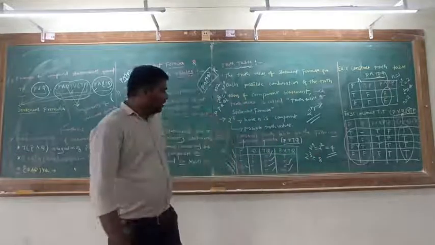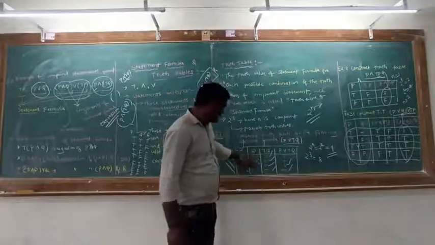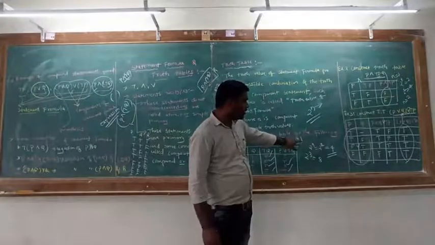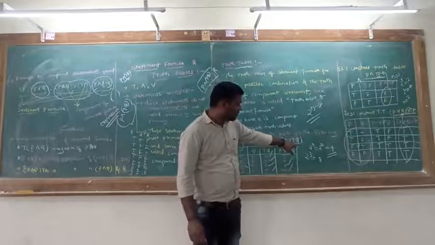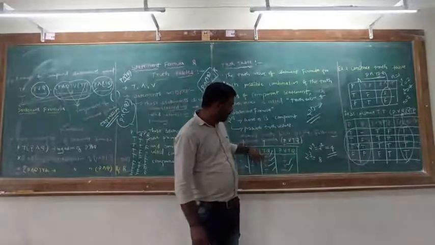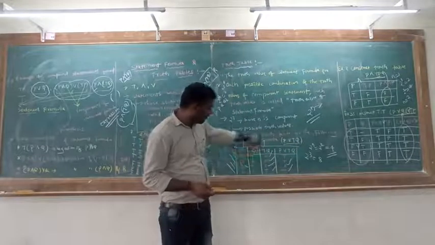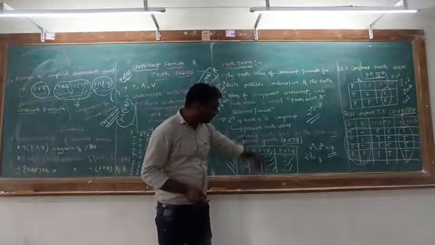First count the number of components, and then work out the number of possibilities. Later we solve the statement formula step by step. Here first you have to do the negation of Q. Negation means negation of whatever Q we have: true becomes false, false becomes true.